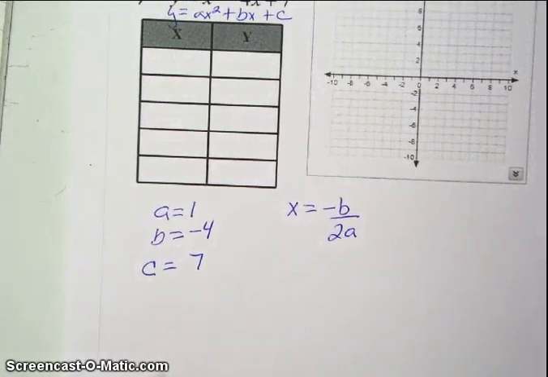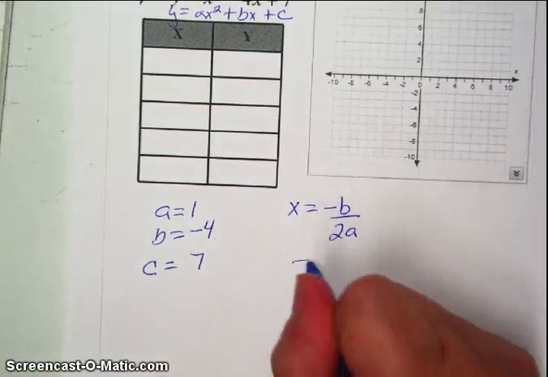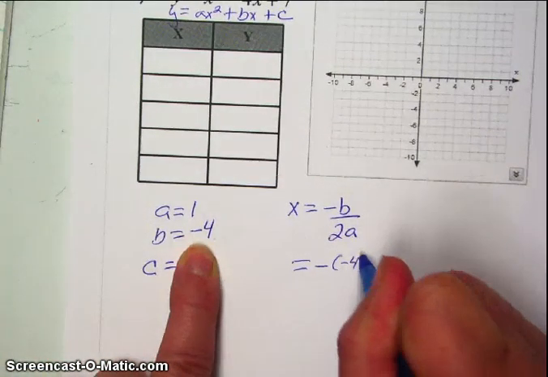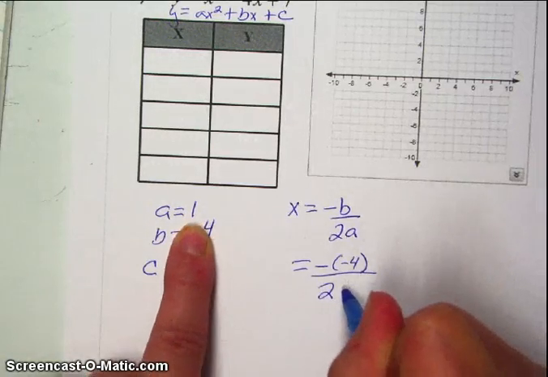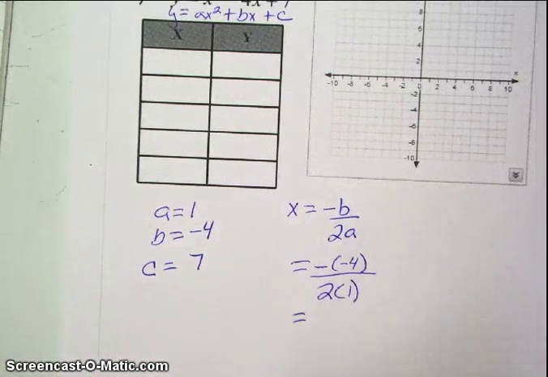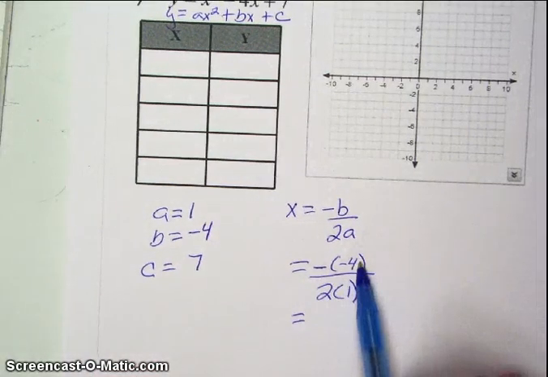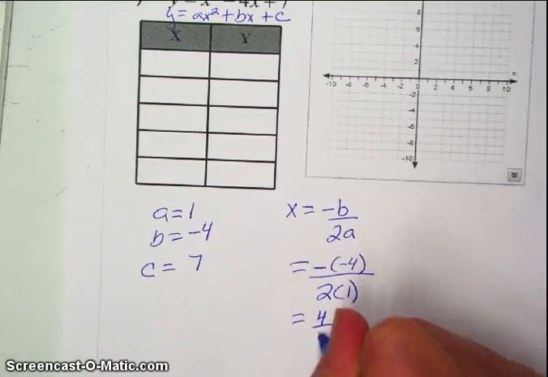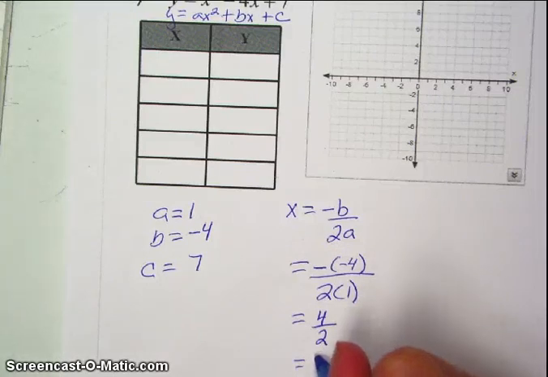I'm going to plug this a and b into this equation. So I have negative b, which is -4, over 2 times a, which is 1. I want to simplify that. The negative becomes a positive, so I've got a 4 on the top, and 2 times 1 is 2. And 4 divided by 2 is 2.